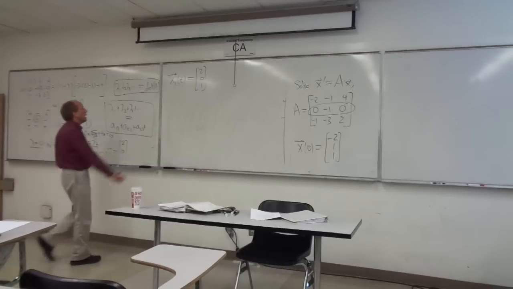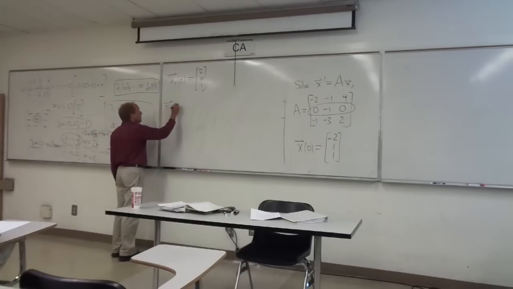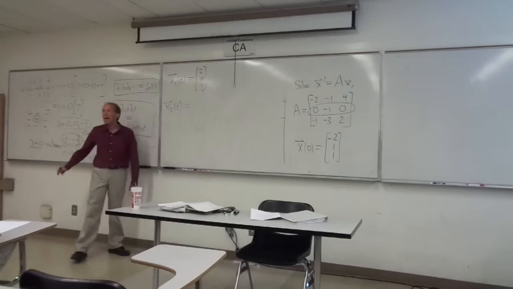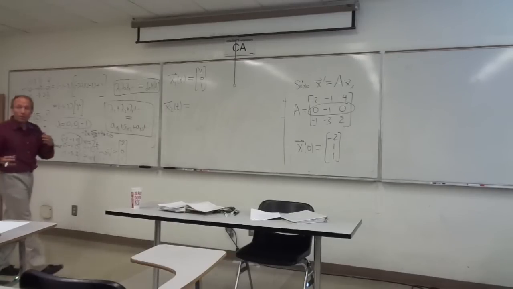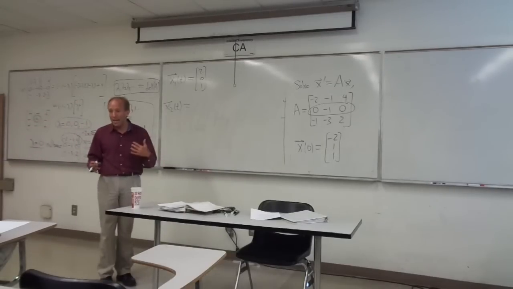And now, if I want to solve this system, I have to come up with a second linearly independent solution. We are in a situation where our matrix is defective. This follows up on the material we learned on Wednesday, near the end.